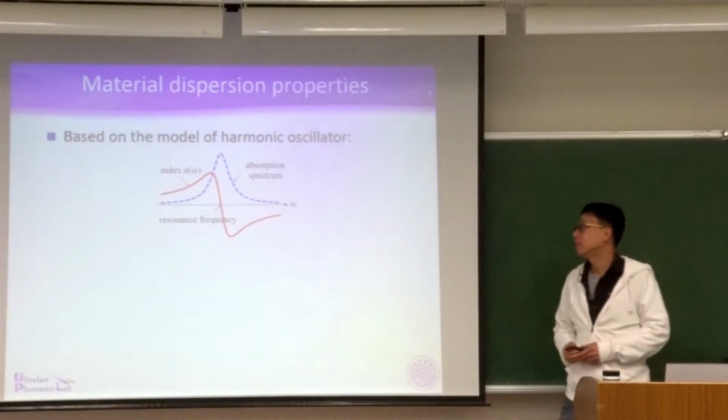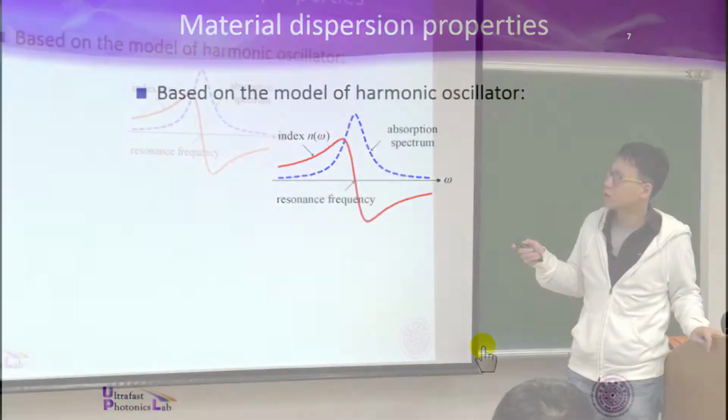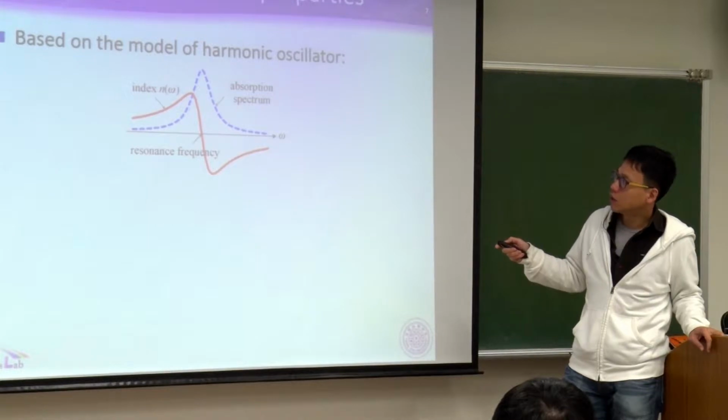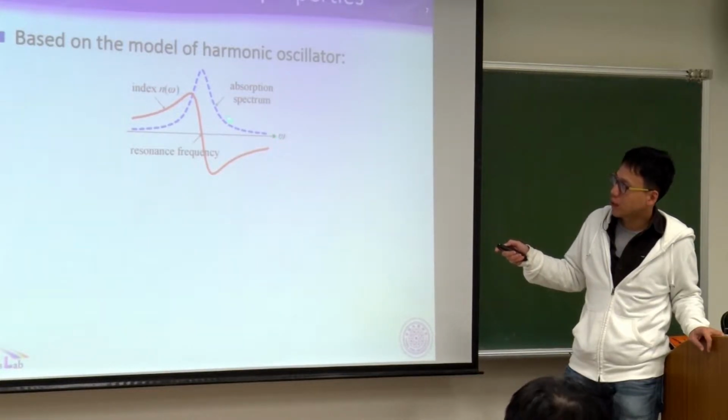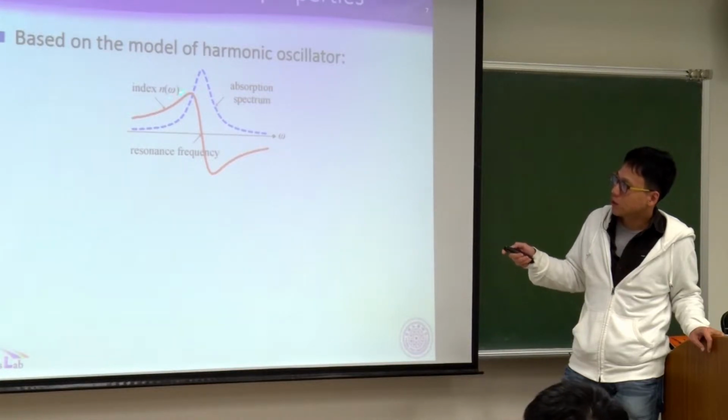Good. Then, material dispersion properties. We might have discussed this before. By the model of harmonic oscillator, you can derive your absorption spectrum should be like the blue dashed curve. Your index spectrum should be like the red solid curve.